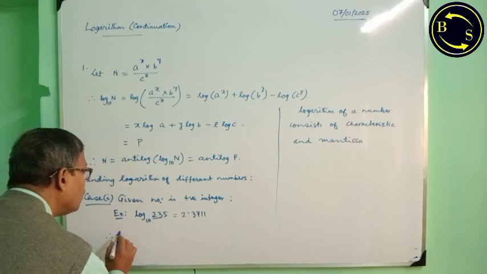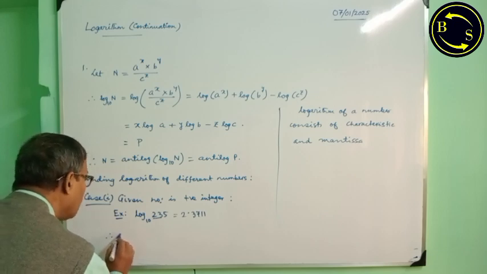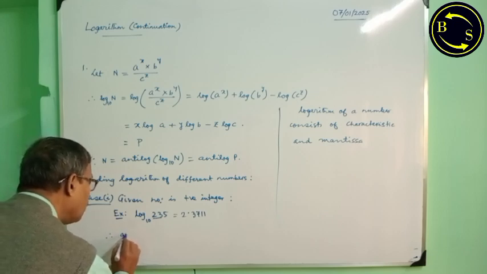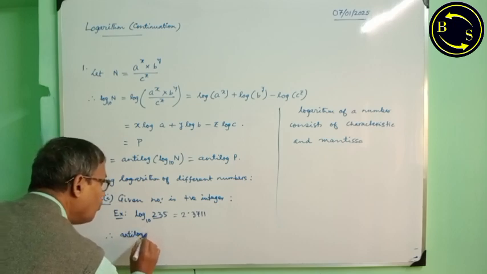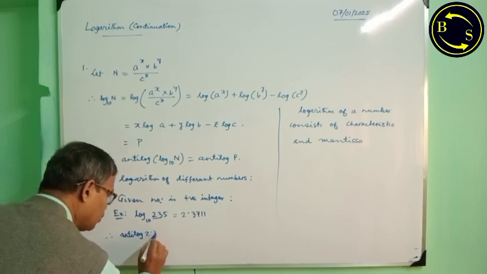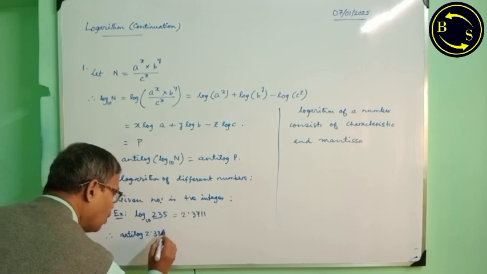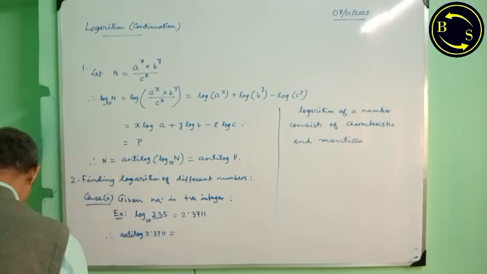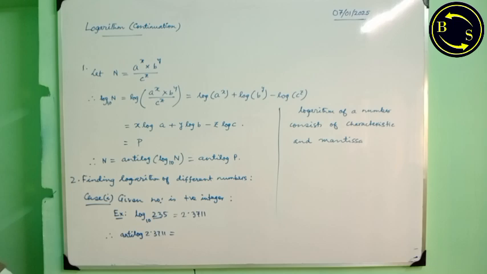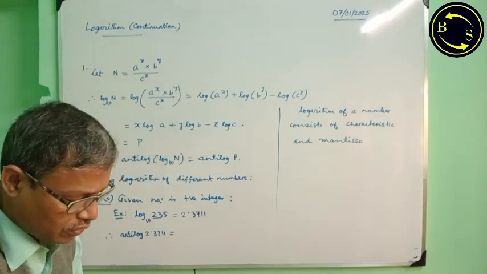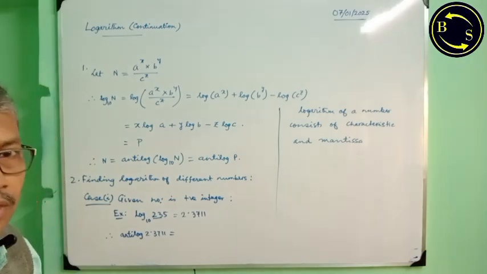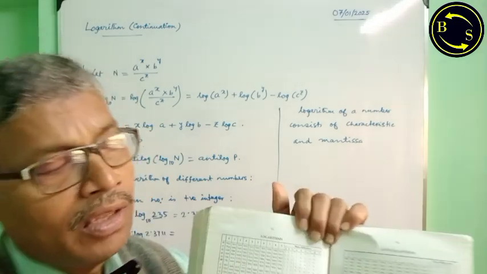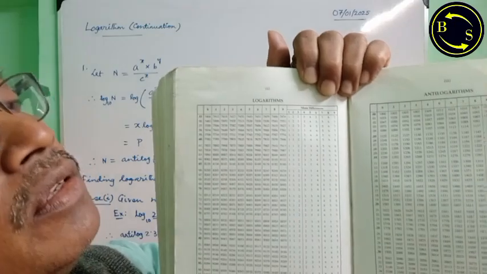Therefore antilog of 0.3711. For getting the antilog, we have to follow the antilog table. You see this is the antilog table.